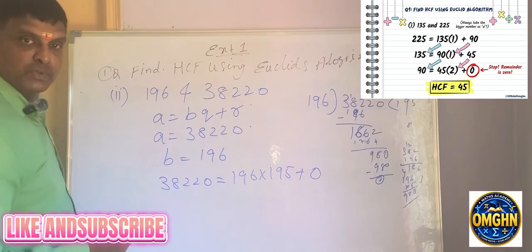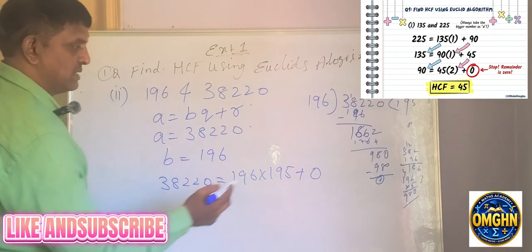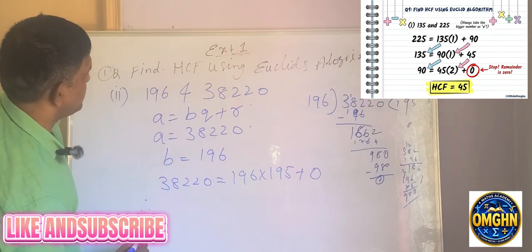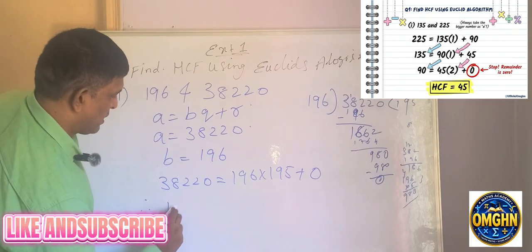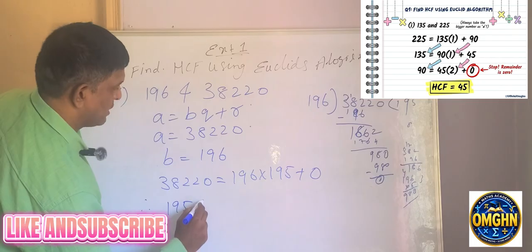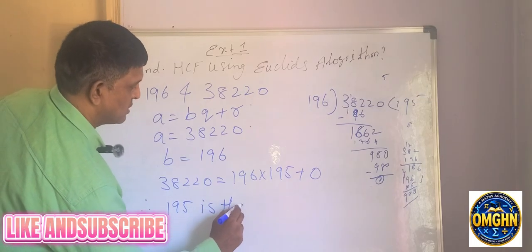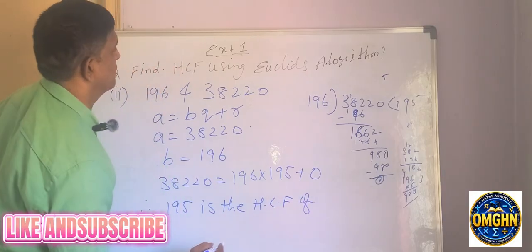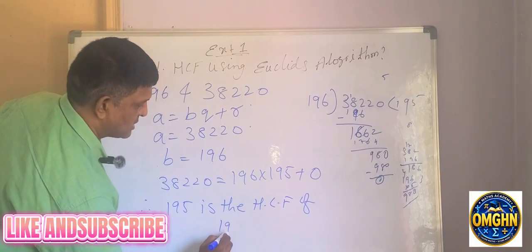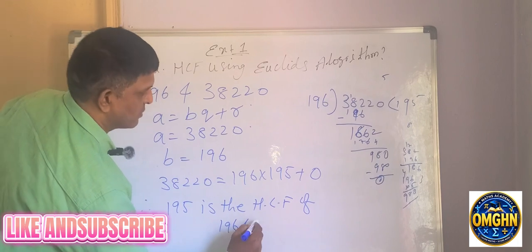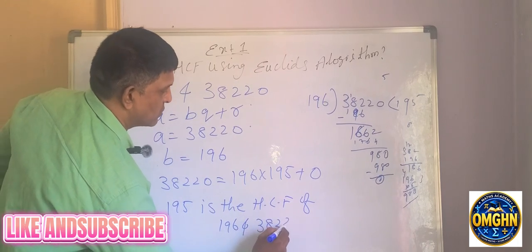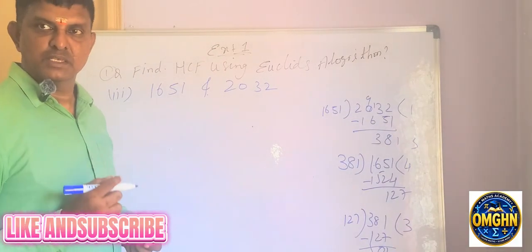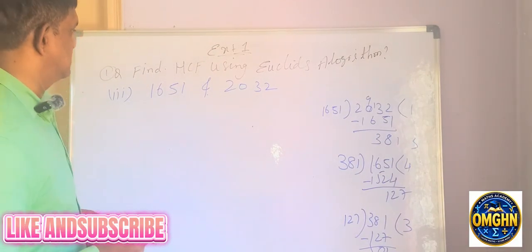So the final answer, therefore, 195 is the HCF of 196 and 38220.